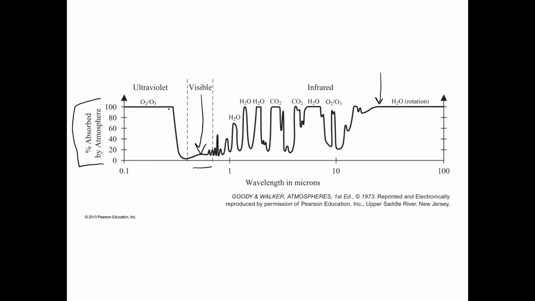And then you need to look at the molecules responsible for absorption. Again, our focus is going to be on visible and infrared. So if we look at the types of molecules responsible for absorption, we see things like carbon dioxide and water. Okay.